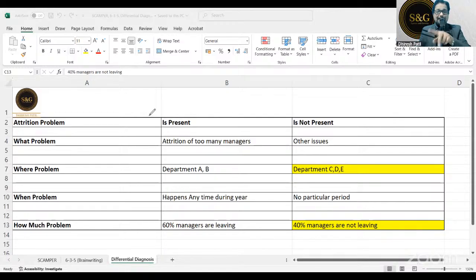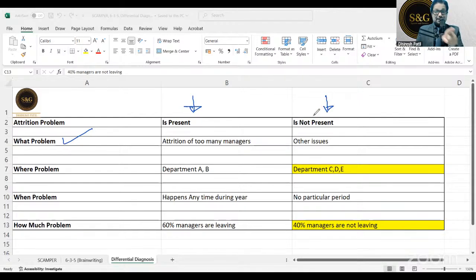Now, with this pump example, let me go to the attrition problem. One company was facing an attrition problem. Attrition means people resigning and leaving the company. So they defined the problem. What is the problem? Attrition. Again, what is present as a problem and what is not.